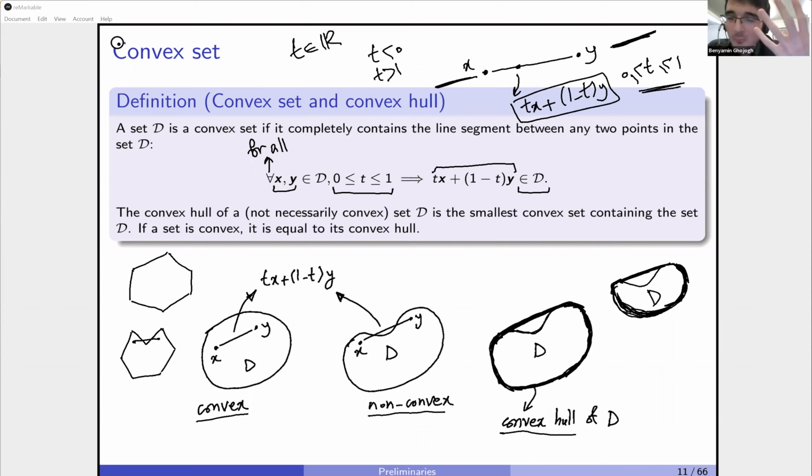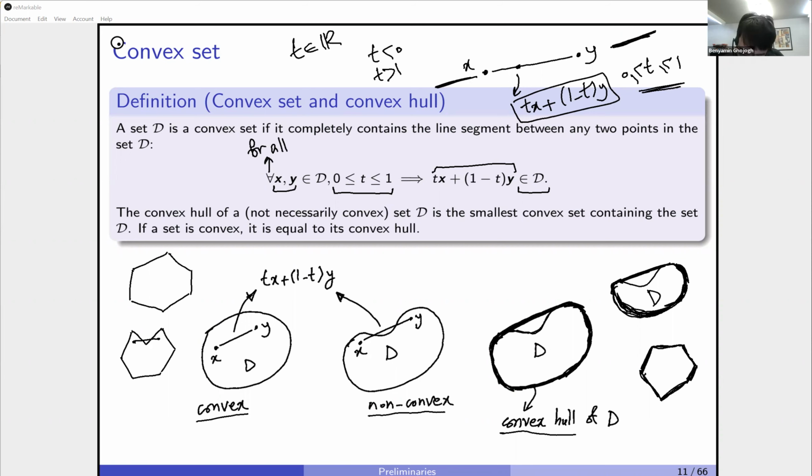So it means that when you have a set which is already convex, such as this, the smallest set which contains that set and is convex is the set itself. So the convex hull of a convex set is the set itself.